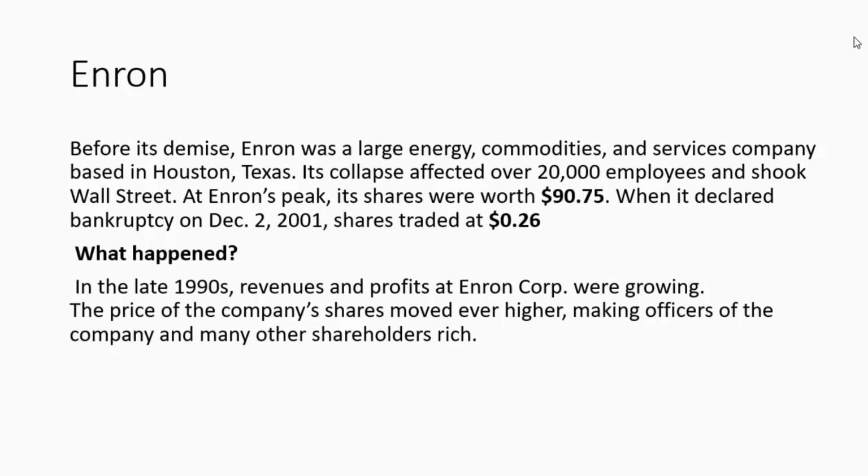When it declared bankruptcy on December 2nd, 2001, each share became only 26 cents. Just nothing. From $90 a share to 26 cents. What happened at Enron? What led to this? We'll find out.